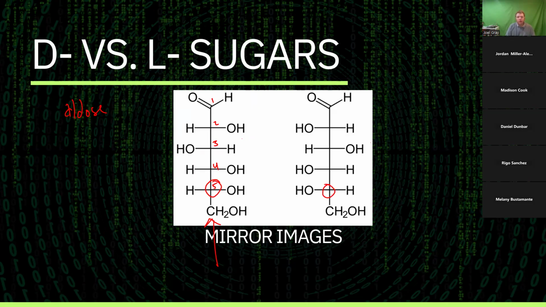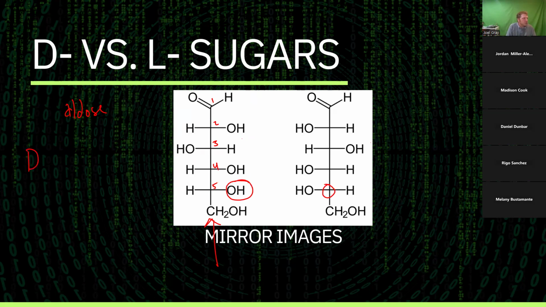We look at carbon number 5 in an aldohexose, or you could rephrase it as: I look at my highest numbered chiral carbon, and then I say, okay, where is the OH? Is it on the right or the left-hand side? Here we've got our OH on the right-hand side of our molecule.